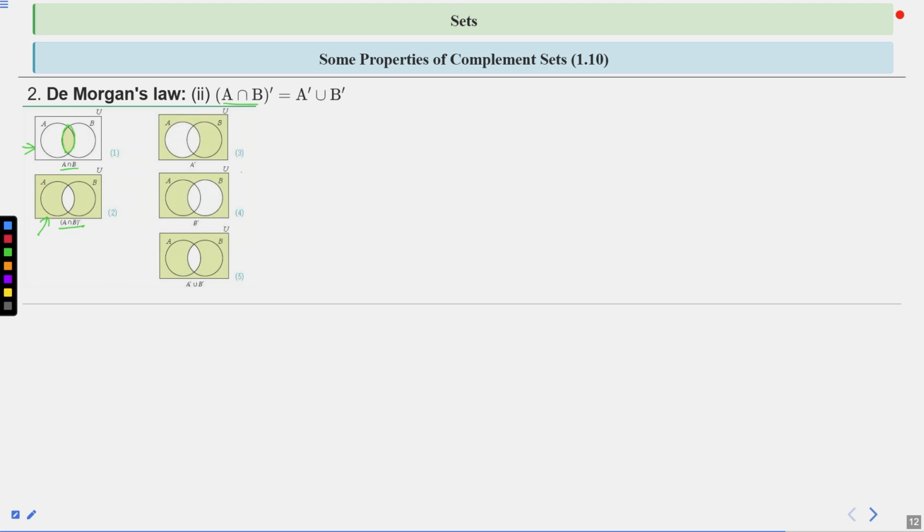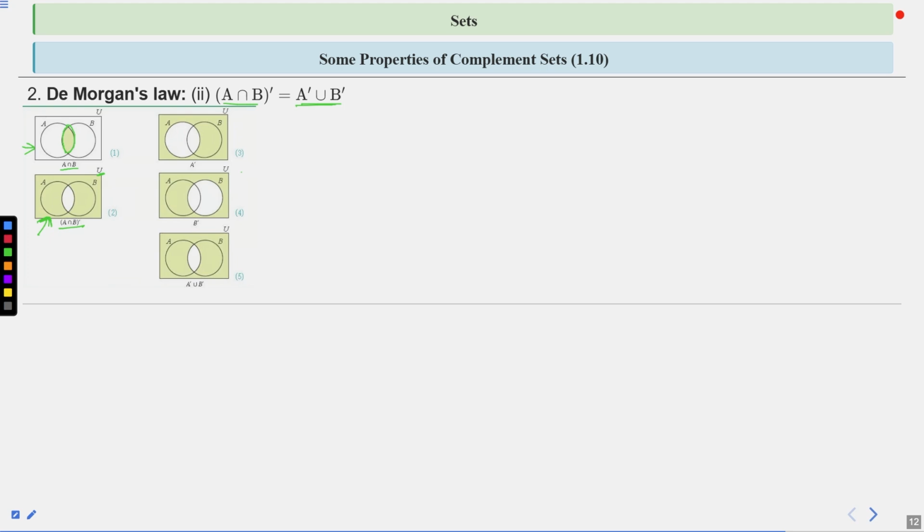Meaning we are collecting all those elements in the universal set which do not belong to the intersection. As you can see, we do not include the intersection elements here. Clear? It is all coming from the definition.